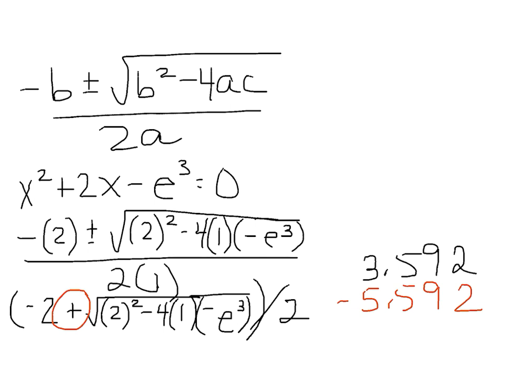And that's an issue. Why is that one a problem? If I put that back in the original problem, I'd be logging or natural logging a negative. Can you log or natural log a negative number? No. So this one gets thrown away, and you're only left with the 1.